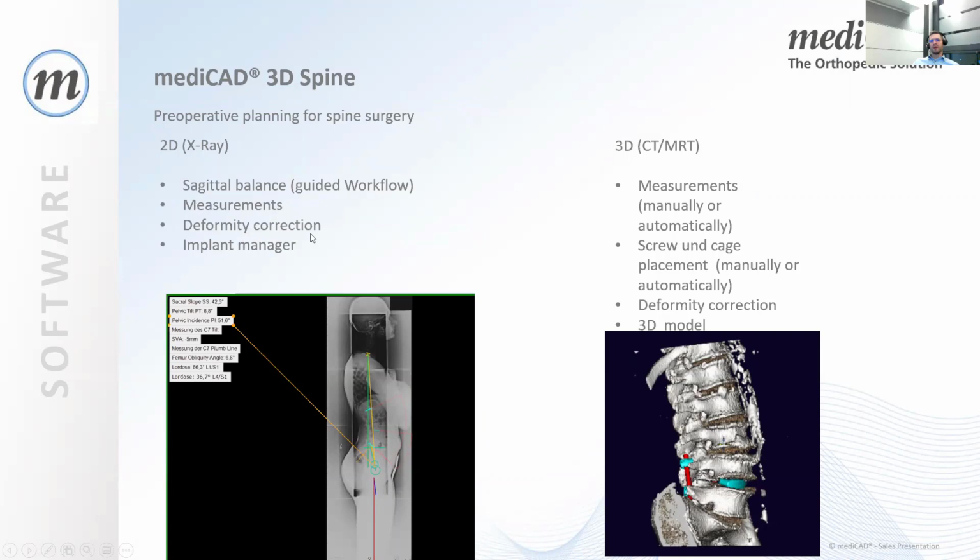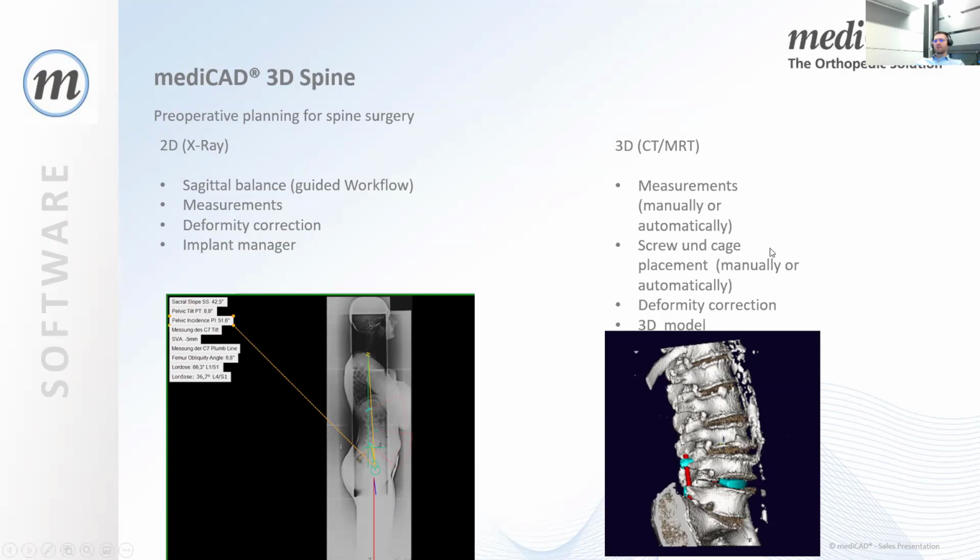You can do measurements, you can do deformity correction, or simulate deformity correction, and you have the possibility to put in implants to do any correction or to simulate a correction. The next section is a 3D section where you can use CT data, MRT, DVT, so everything with 3D data. There as well, you can do measurements manually or automatically. I will show you in a few seconds.